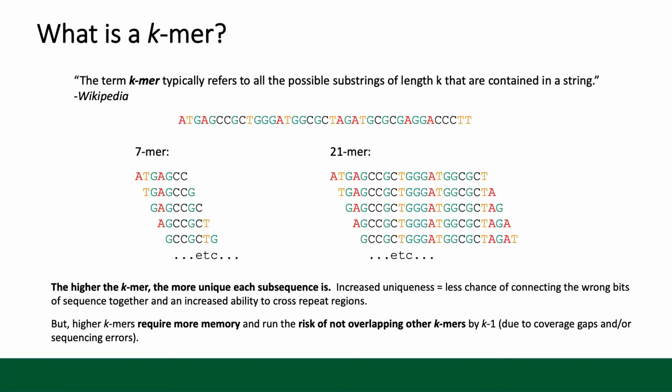Increased uniqueness means less chance of connecting the wrong bits together, like if you're doing assembly. But higher k-mers require more memory because you have to store them, and run the risk of maybe not overlapping the other k-mers just because they're longer. So it sometimes takes some testing to figure out what k-mer length is correct to use.